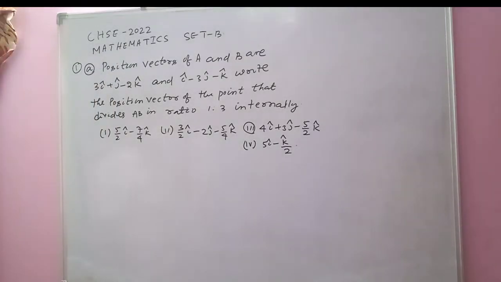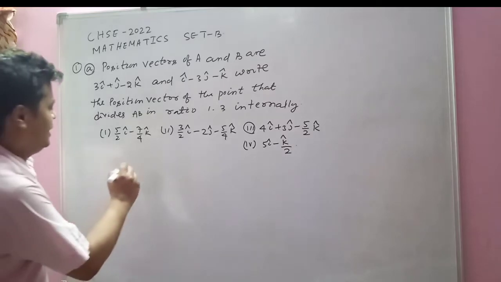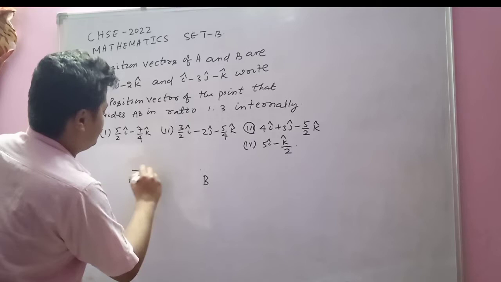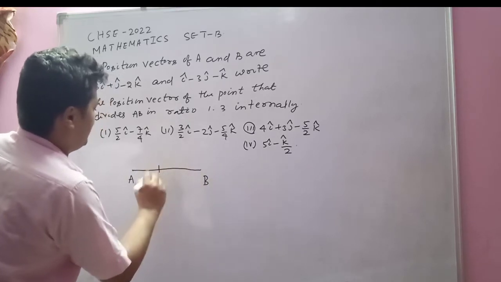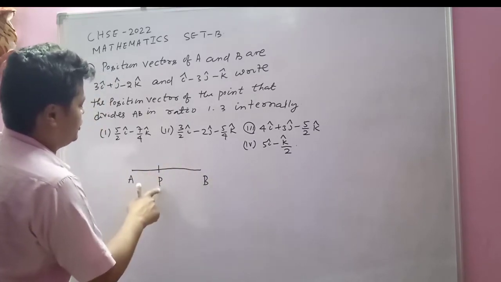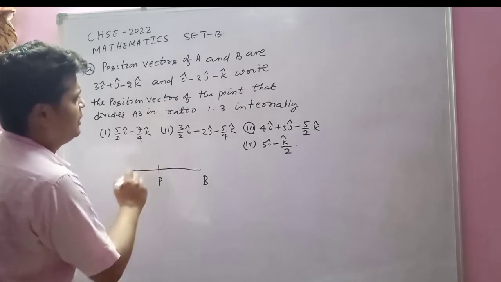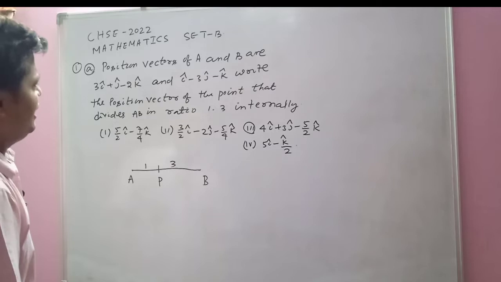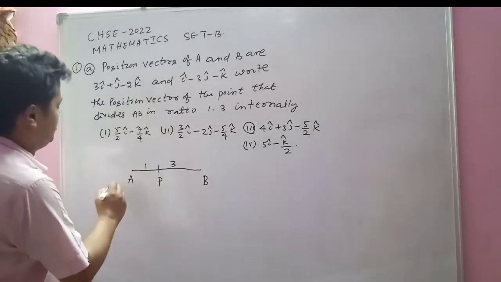Okay, so what will be the solution to this question? What is given? A is given to you, B is given to you, right? You have to find the position vector of point P, which divides the join of A and B internally in the ratio 1:3.